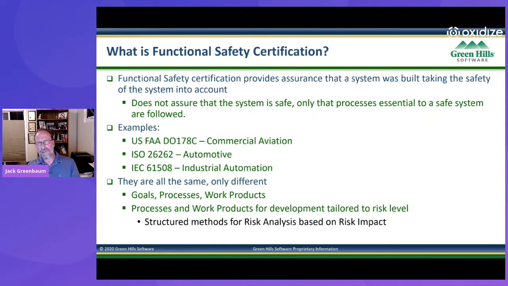The good news is that the processes and work products are typically tailored to the risk level. For example, using different types of structured methods for risk analysis based on risk impact. If the product is low risk, you don't have to look too hard. All of these standards have different levels of assurance, where the highest level is for life-critical systems, and the lowest level are for systems that have much less impact.